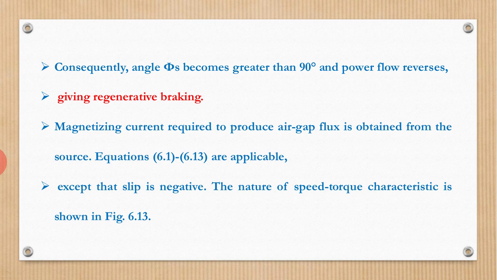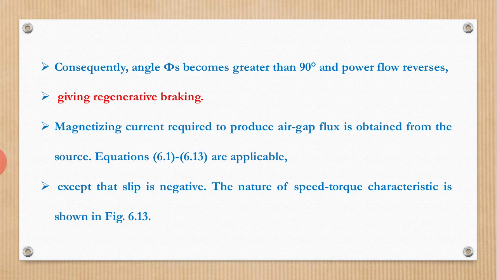Consequently phi s becomes greater than 90 degrees and power flow reverses, hence giving regenerative braking. So for motoring operation, the phase angle is less than 90 degrees, and for regenerative braking phi s becomes greater than 90 degrees, because the rotor speed is greater than synchronous speed and the power flow reverses.